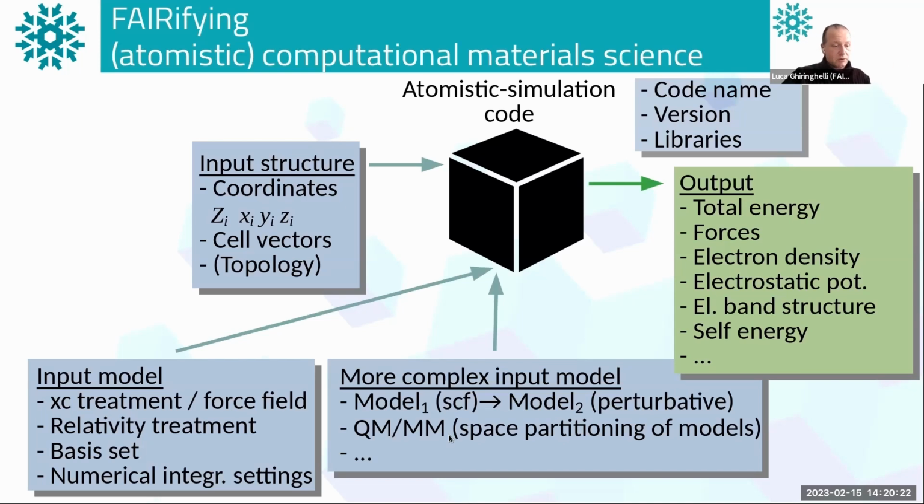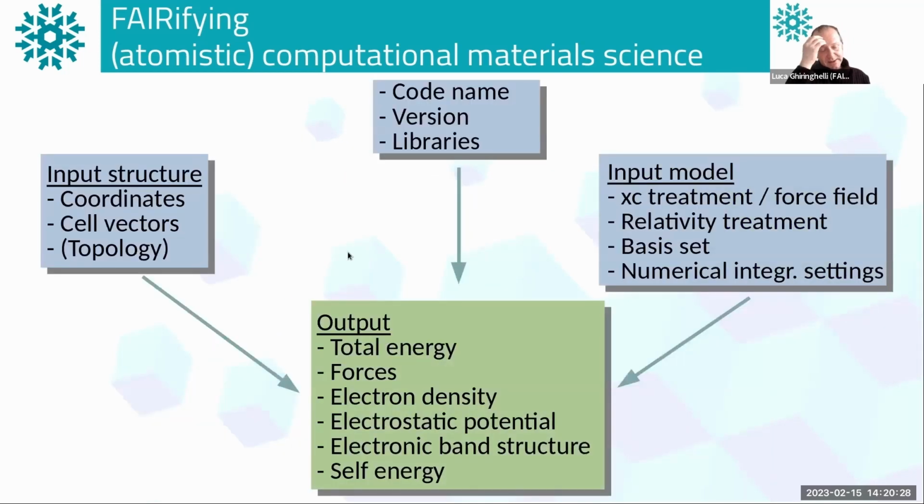And this should be also properly annotated. So in practice, this kind of complex hierarchical structure is boiled down to different tables that contain the semantically different parts of the metadata that are connected to the data that is the output of the calculation.